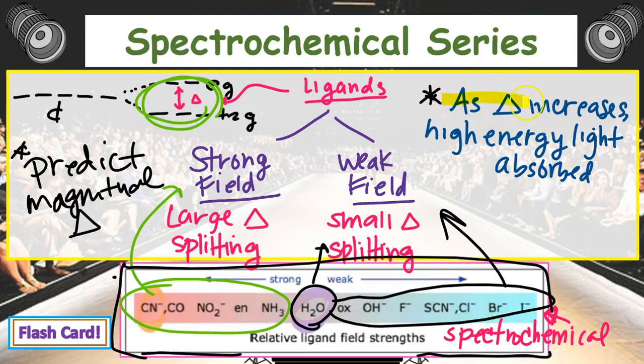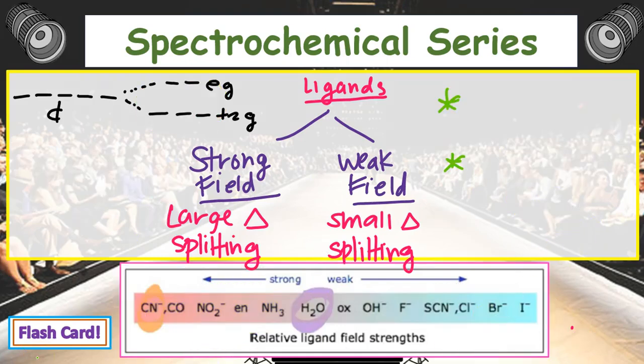Also, as our crystal field splitting energy increases, higher energy light must be absorbed. If this gap gets larger with a stronger field ligand, then we must be able to absorb the higher energy light, so we're talking about our blues, indigos, and violets when we're thinking of ROY G BIV.